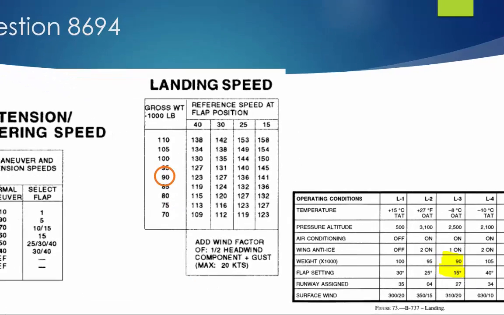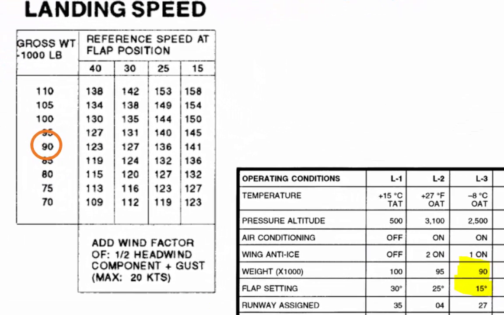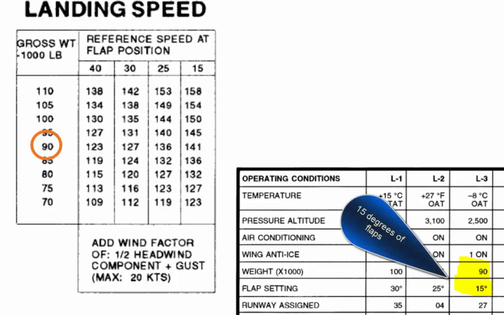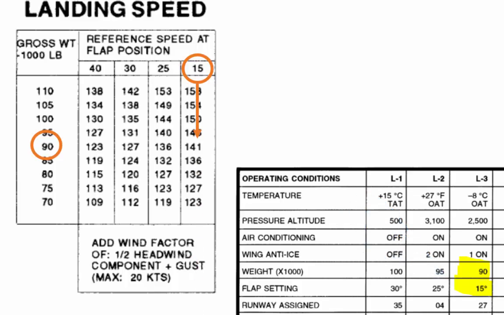We're told 90,000 pounds is our gross weight, and we have to find VREF for a flap setting of 15 degrees. So we take a look at this column for 15 degrees and read down to where it intersects with 90,000 pounds, and we get 141 knots.